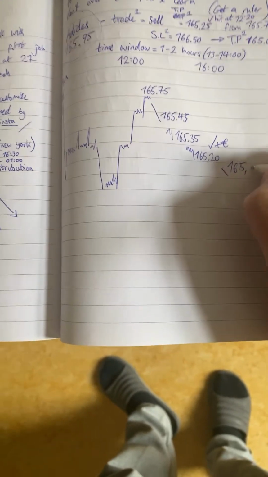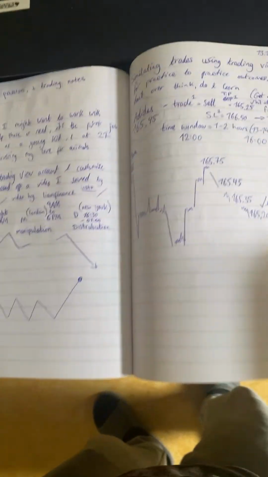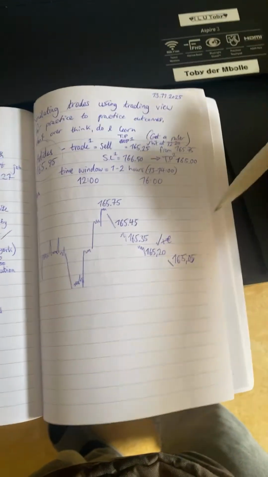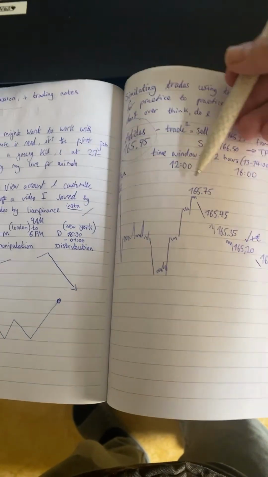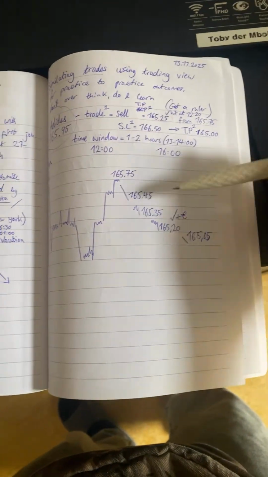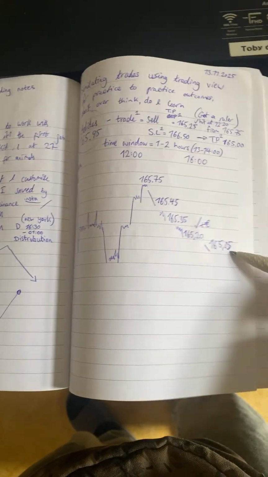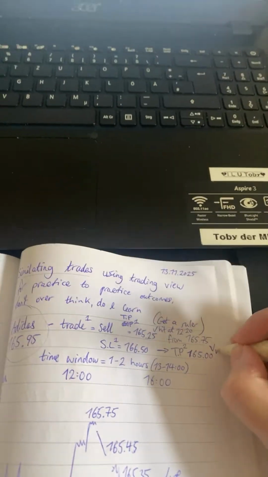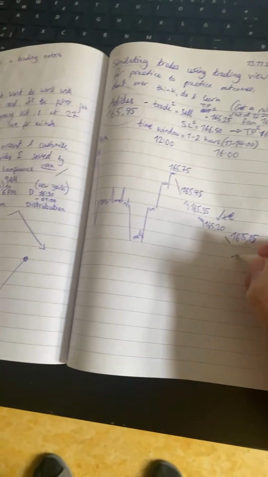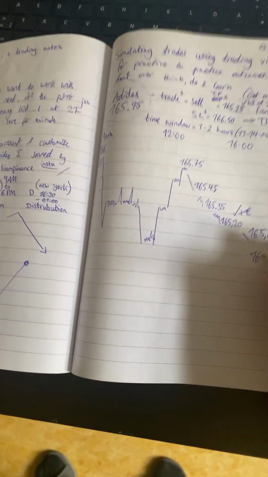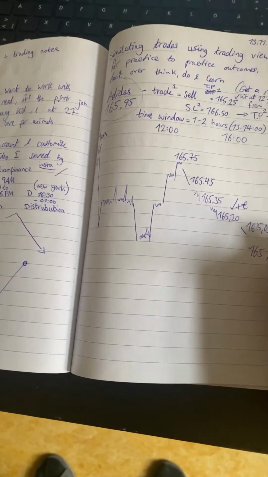So look, people, we've just opened 3 trades, and so far my Adidas trade in a span of an hour would have already hit the first take profit, and we're closing in, boom, just hit it. So that's the second take profit. So that Adidas trade would now be closed, and I would have taken my profit.